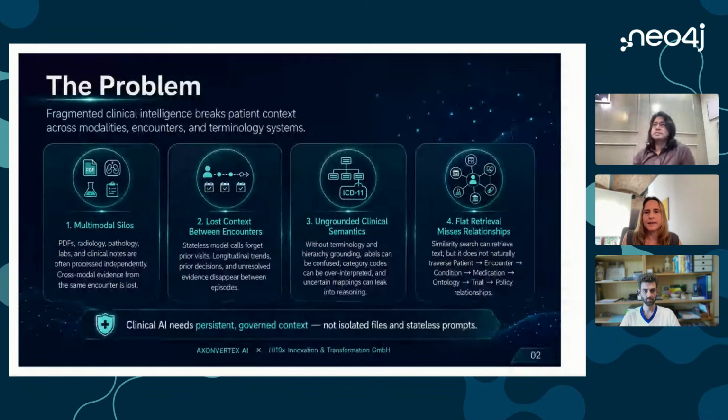Then you have the clinical semantics, and if you apply AI, quite often you have flat retrieval, and that means also missing relationships. So looking at this is also one of the most common failure modes, even if you have early AI applications in this context, just because it's a general weakness of most of the clinical AI applications that are out there today. And in clinical trial matching, these four together become really fatal, and that's exactly why the G.A.M.E.R.S approach is a very good instrument.